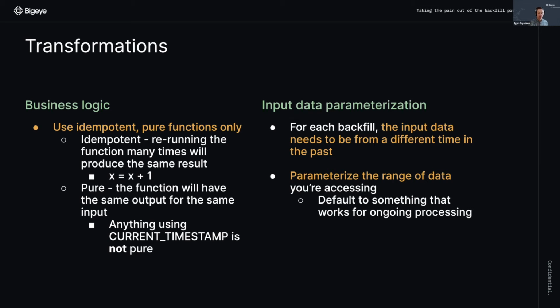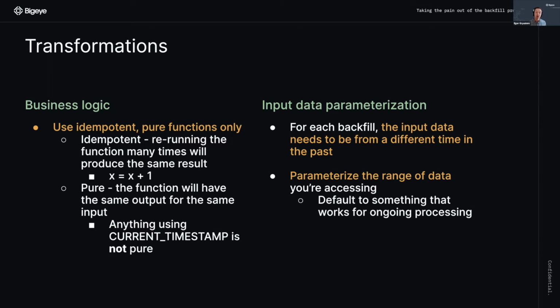Going back to that orders example, if I have orders coming in every day, I might want to process the last week of orders because maybe orders can get backfilled and their status can change in the system. Or I might want to reprocess the last 3 days of orders or 1 day of orders or 2 hours of orders. But that logic needs to be parameterized because I will want to be able to process some arbitrary time range, especially when I'm backfilling.